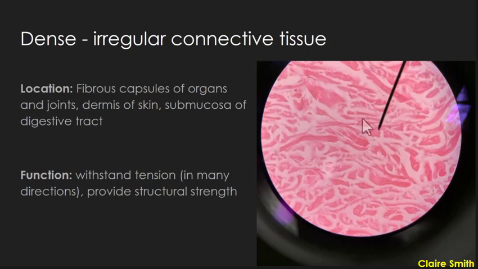So this dense irregular connective tissue can be pulled in multiple directions, and provides structural strength. And irregular, obviously, because it's not that nice, sheet-like appearance, but it's very tough. So dense tissues are going to be providing some sort of strength, withstanding tension, etc.